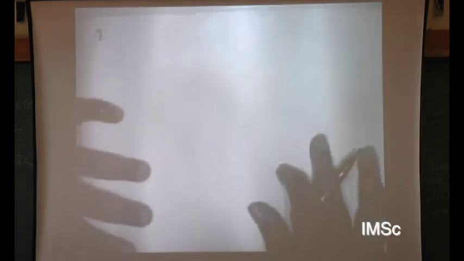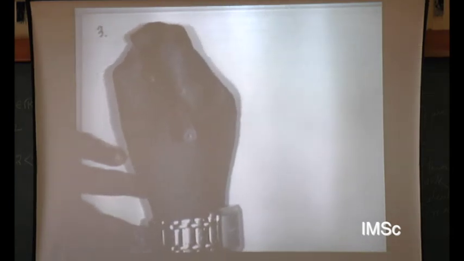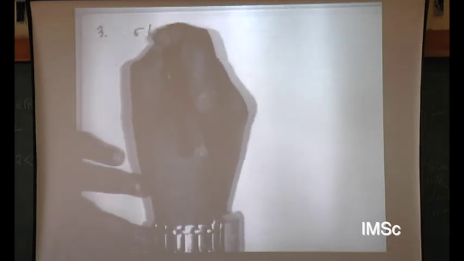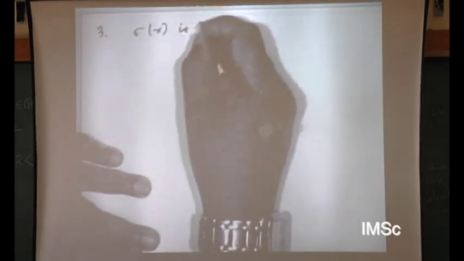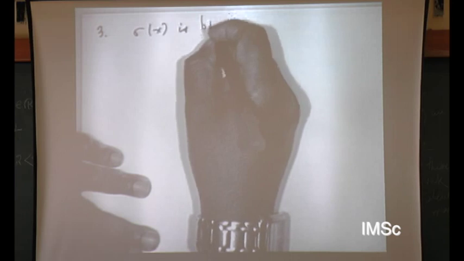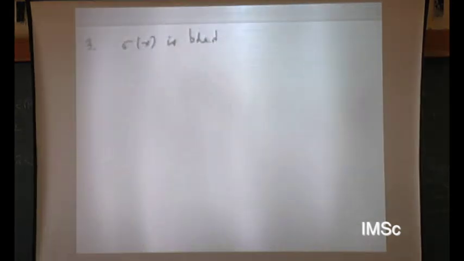So the conclusion that I wanted to draw was, therefore, the spectrum of x is bounded.